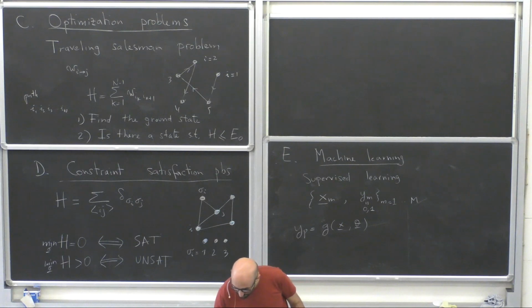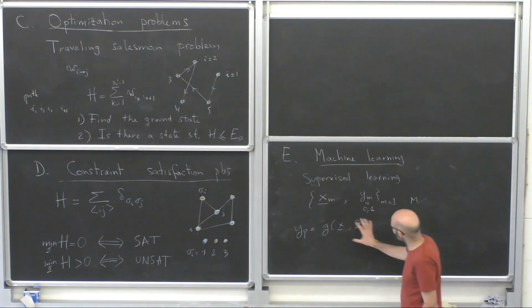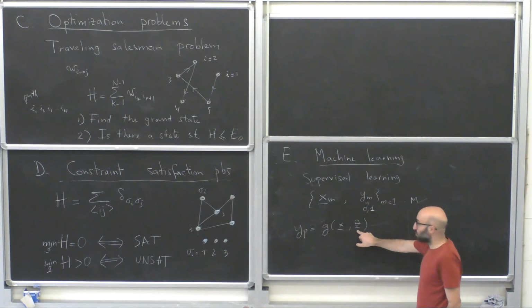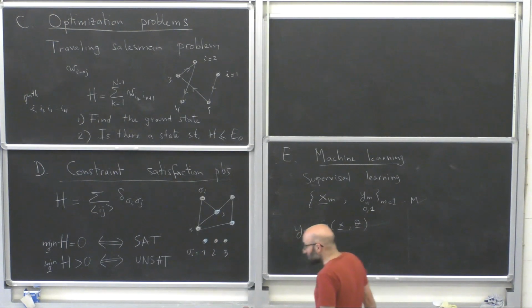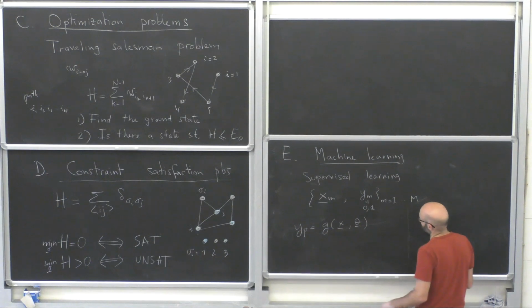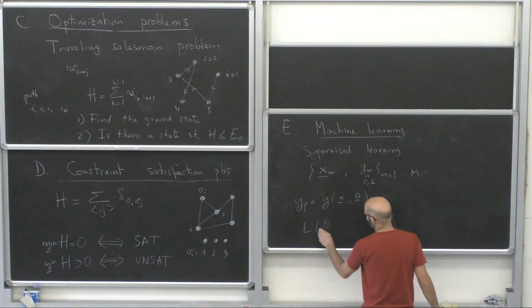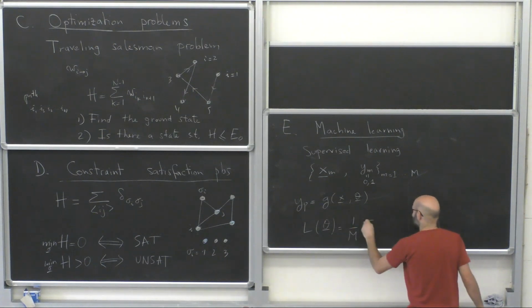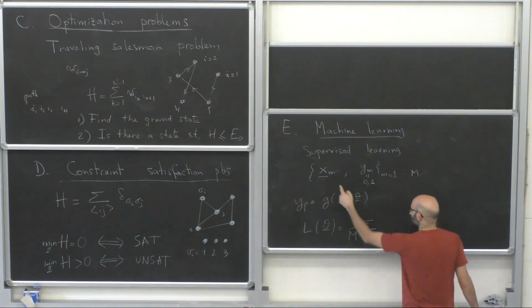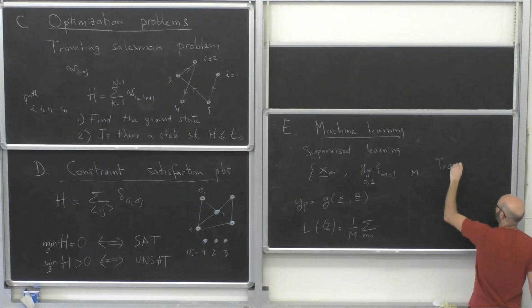This function G depends on some parameters, and you want to learn these parameters to obtain the best possible fit. So you're going to introduce what is called the loss function that depends on theta. This is an average over the data points in your training set.